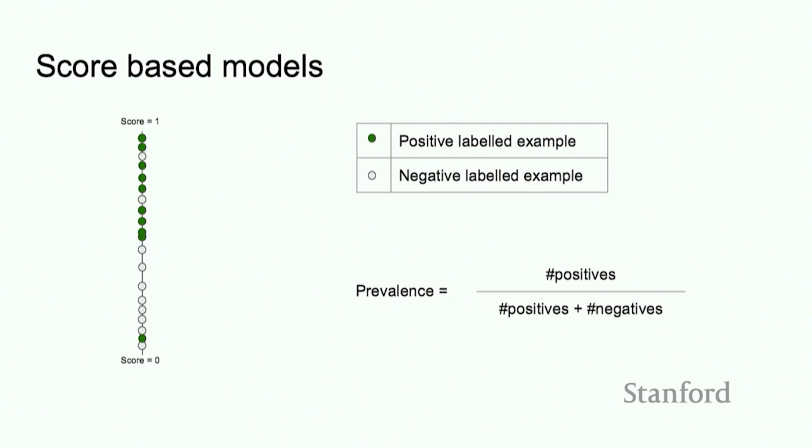There's no agreed upon threshold to decide whether you have a class imbalance problem or not. But as a rule of thumb, if the prevalence is less than 5% or 10% or more than 90% or 95%, then it's reasonable to think of the problem as having low prevalence.